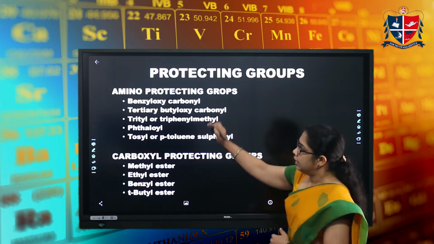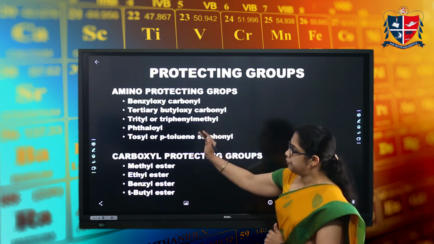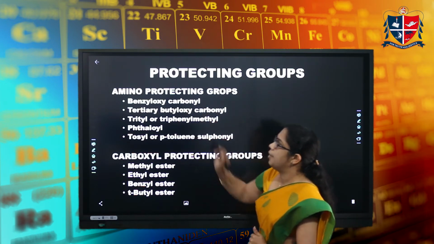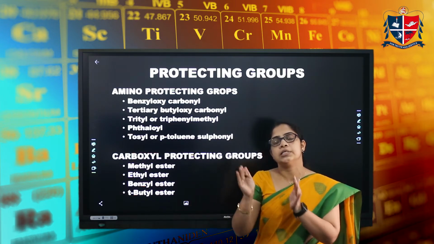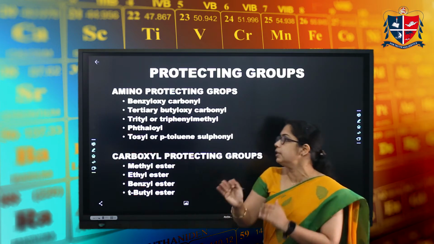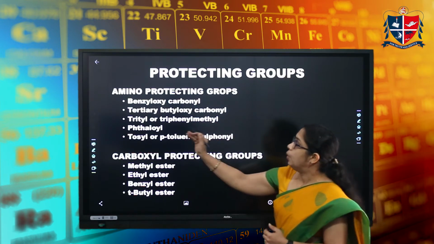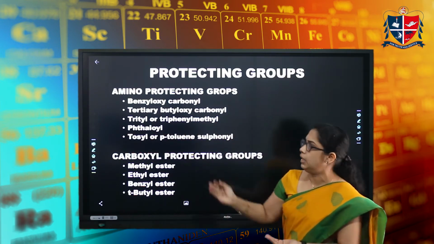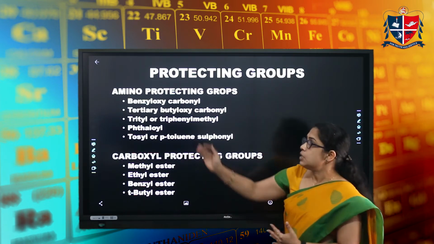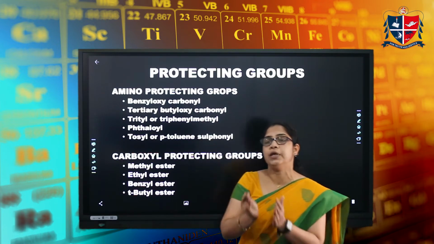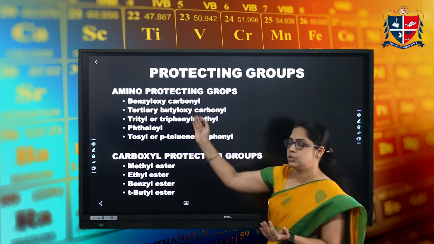These are the different groups that are used for protecting the amino group, like benzyloxycarbonyl, where the NH2 hydrogen is substituted with benzyloxycarbonyl group, or tertiary butyloxycarbonyl group, or trityl or triphenylmethyl, or phthaloyl, or tosyl or paratoluenesulfonyl group. So these are the different groups that are substituted for the NH2 hydrogen. NH2 can be protected with these groups.